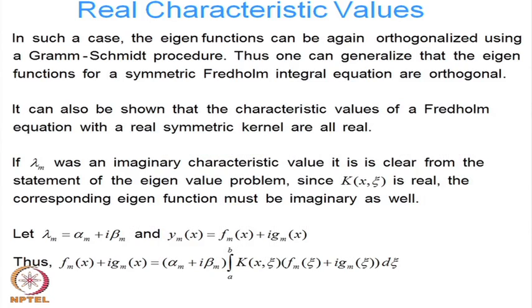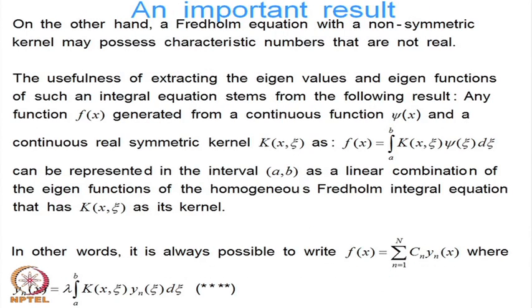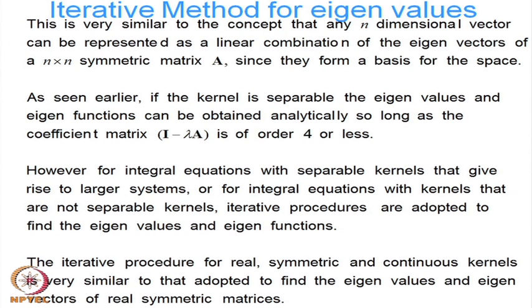So, doing a similar iterative procedure, it is possible to find the eigenvalues and eigenfunctions of a Fredholm integral equation as well, and we are going to do that in the next lecture.